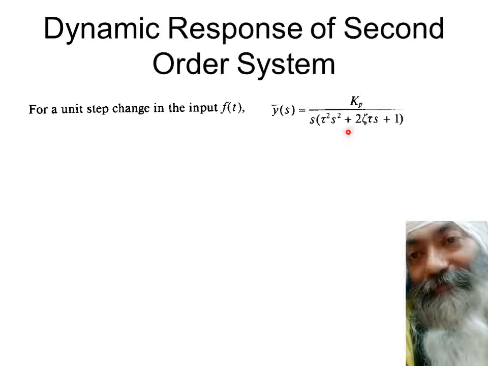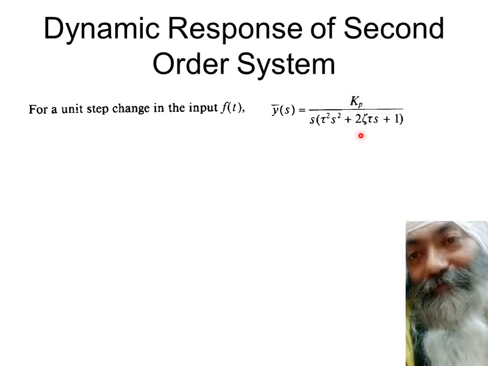We found that we have a second order system which is defined by this transfer function. Kp here is called the static gain or steady state gain or simply gain, as it was in case of the first order systems.